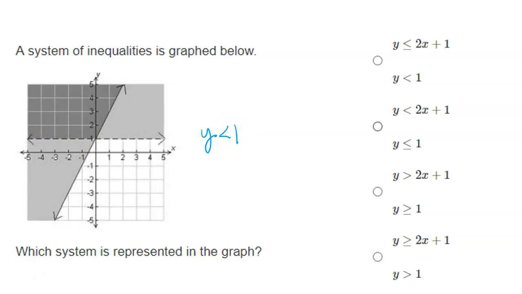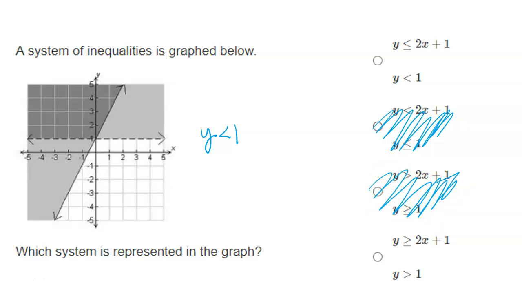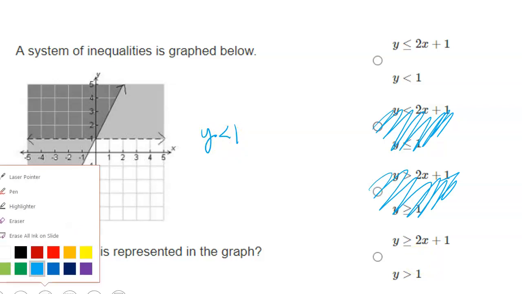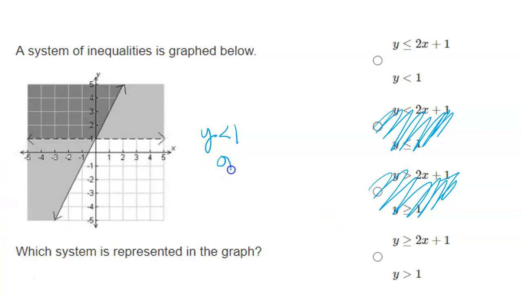So let's see what we can get rid of. We can get rid of this one, because that one's less than or equal to. We can get rid of this one, because it's greater than or equal to. So now we have, oh, and we can get rid of this one, because its y is, no, we can't. Sorry, not necessarily less than 1. I misspoke there, guys. So it's either y is less than 1 or y is greater than 1 is what the dashed line tells us.